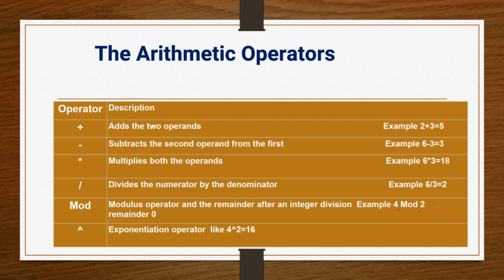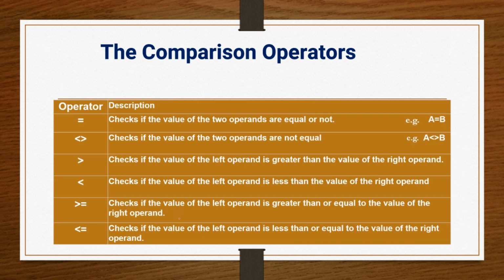The answer is 0, meaning there is no remainder. So it is used to find out even numbers. The exponential operator is like 4 to the power 2. That means 4 multiplied by 4. So exponential is a power, and this symbol is nothing but a power symbol. Let's move on to the comparison operators.